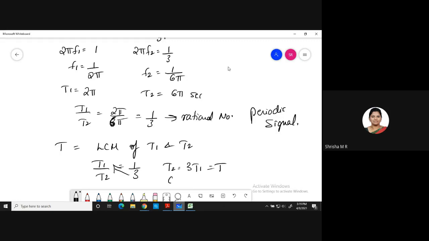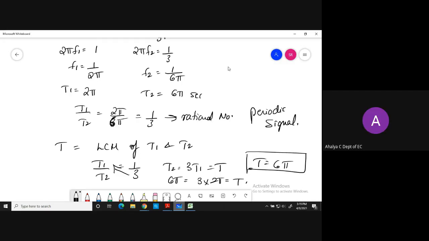T2 is 6 pi, which is equal to 3 into 2 pi, the fundamental period. So the fundamental period is equal to 6 pi. Got it? Or you can take LCM also. Clear, everyone? Others clear?